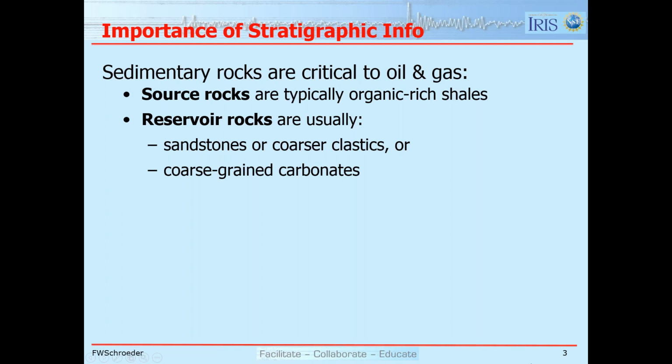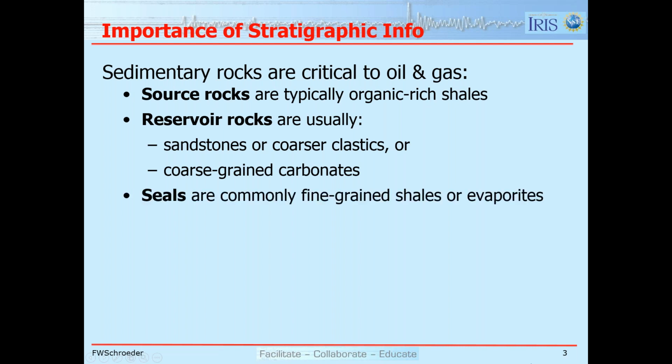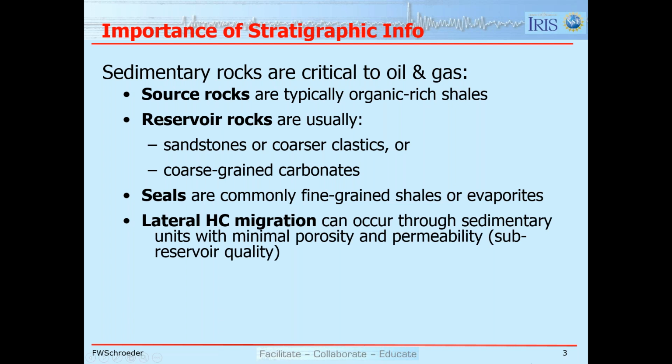Those could be sandstones or coarser clastic rocks, or they could be coarse-grained carbonates that have porosity and permeability. We also are interested in rock formations that will form seals. These seal units are usually fine-grained shales or any type of an evaporite. And we're also interested in trying to understand lateral hydrocarbon migration pathways.